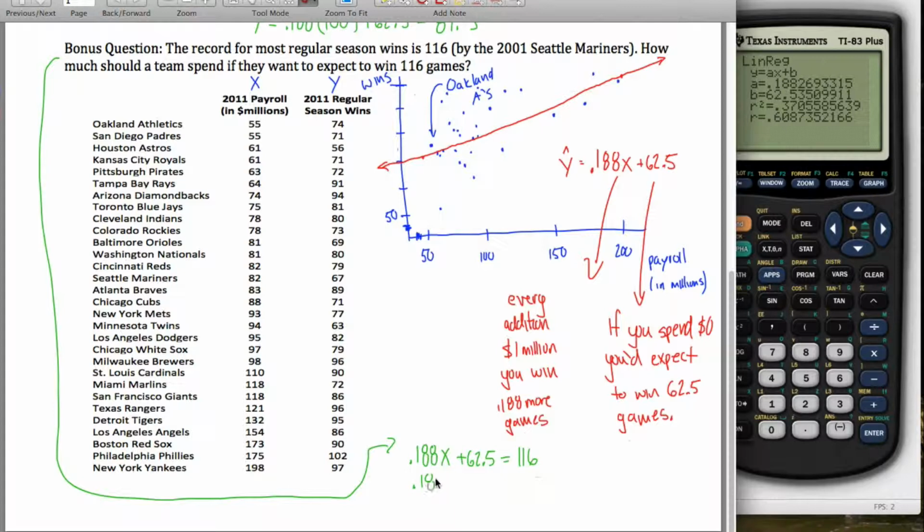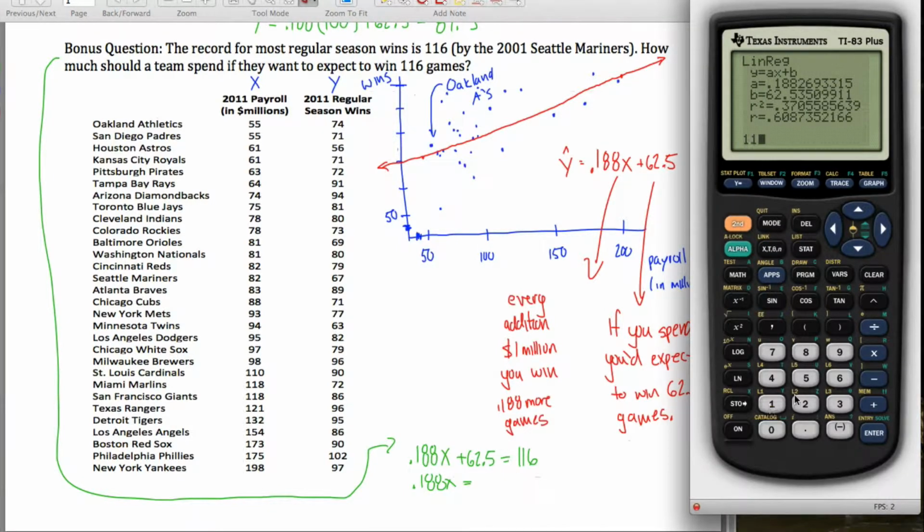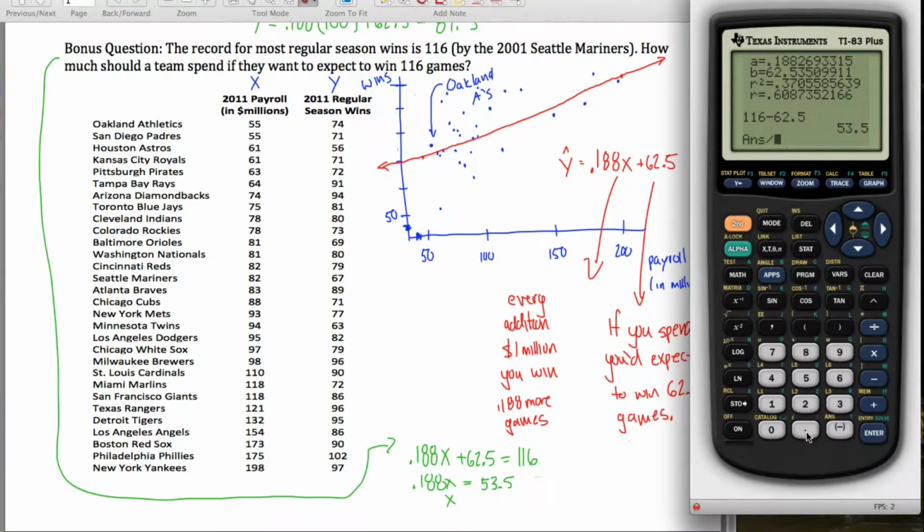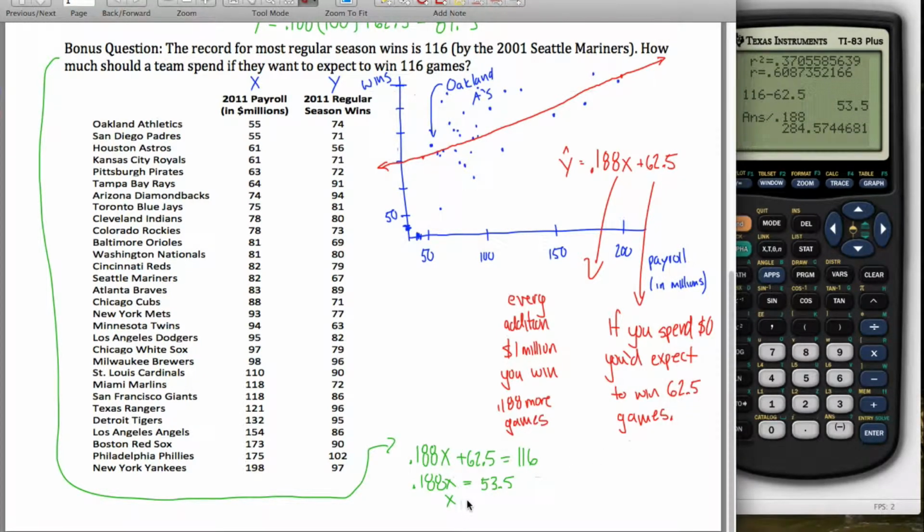So if algebra is your thing, you could subtract 62.5 from both sides of this equation. 116 minus 62.5 is equal to 53.5. And if you divide 53.5 by 0.188, you get a huge number. You get approximately 284.6.